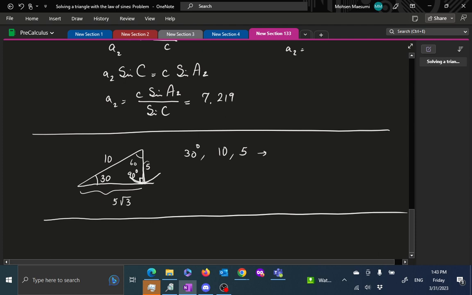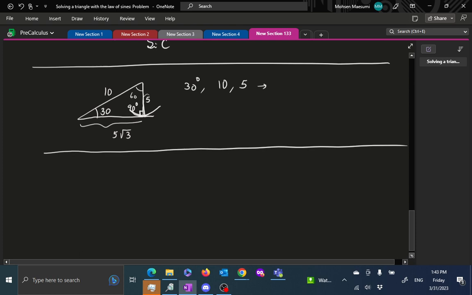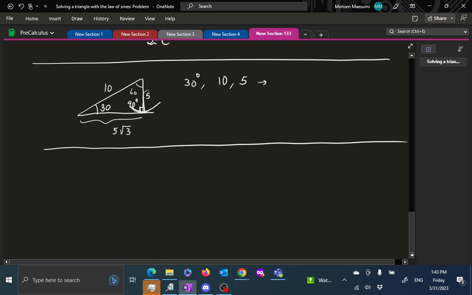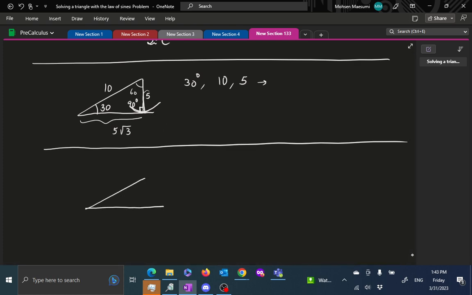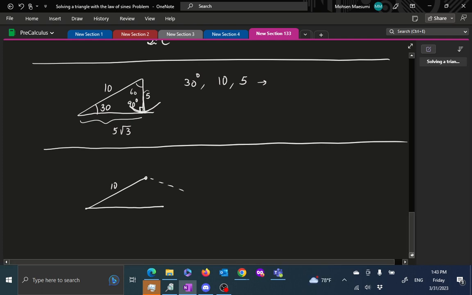In that case, you have just exactly one solution. Another possible extreme case is, say, a similar scenario. Say this one was 10. If you choose the other side to be larger than the side that you have, say you have 12.